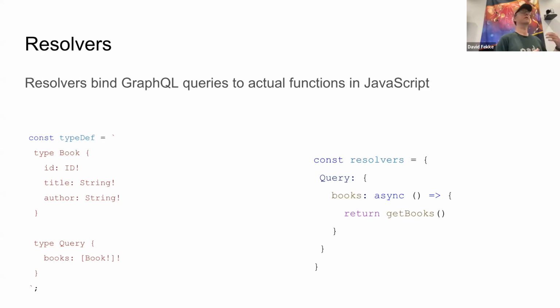If you think about your REST-based service, you may have a method or function in your service called, in this case, books. And we're binding it to a specific method here. So in our resolver, we define our books, just like we did in our type definition, and then we're calling get books in our service.